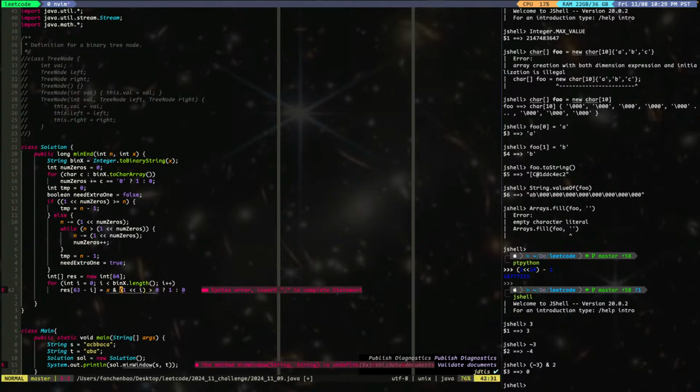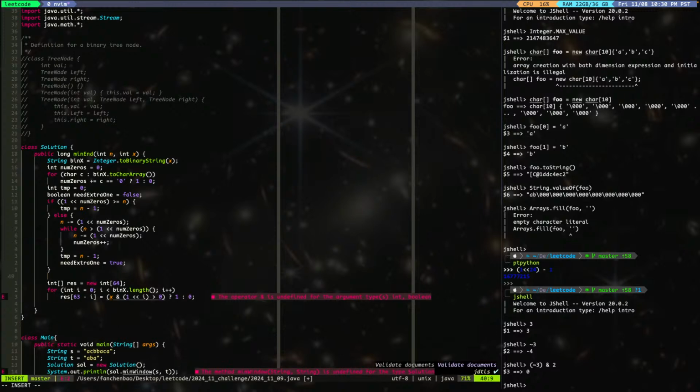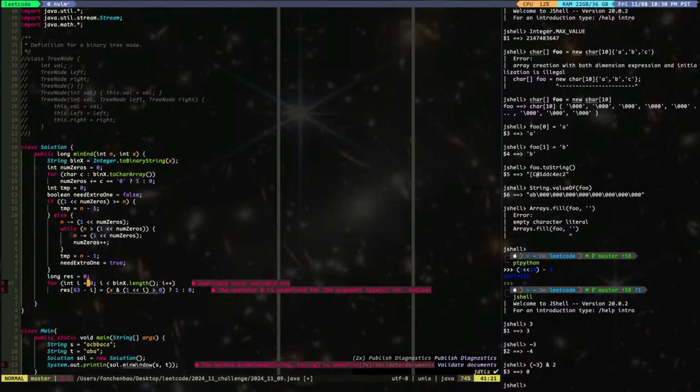Okay, so I need to probably set this up better, right? So basically this will put 1 and zeros into the result. But in this case, why even use a result? I think you can just say result is 0, right?